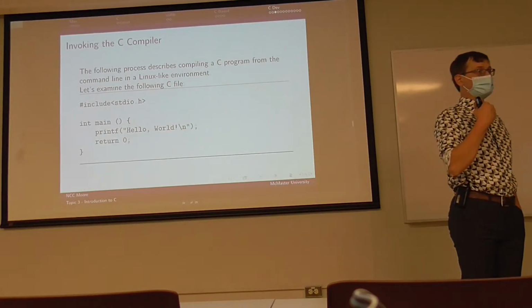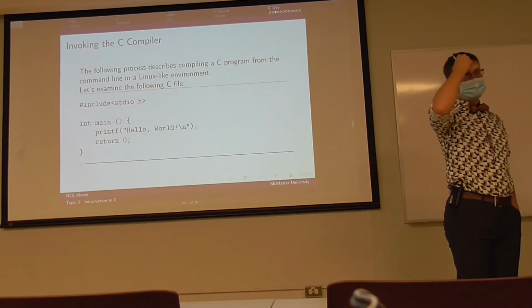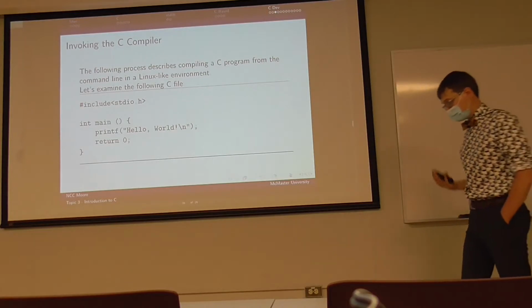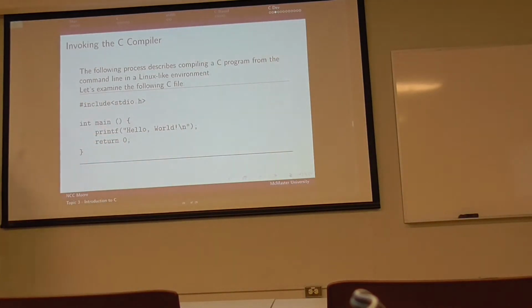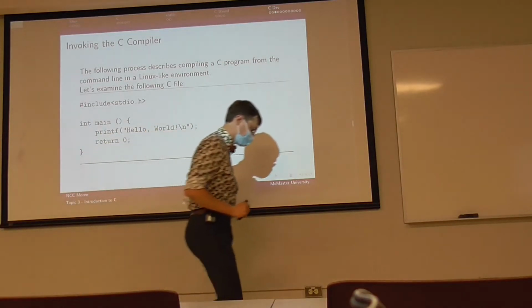So to some extent, the concepts of data types in C are somewhat ephemeral. They're somewhat put there by the user. As long as you stay consistent with the data types, everything works out.